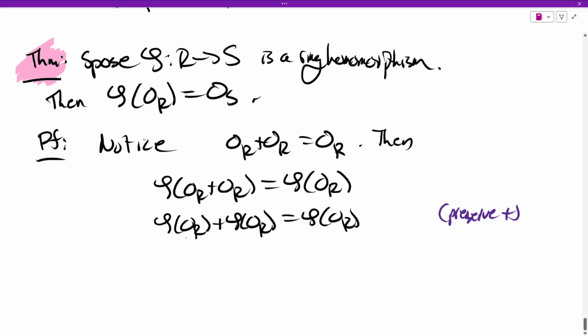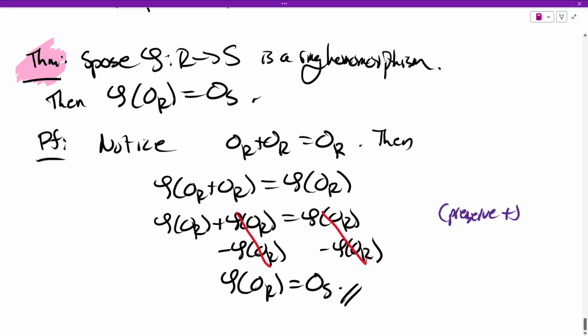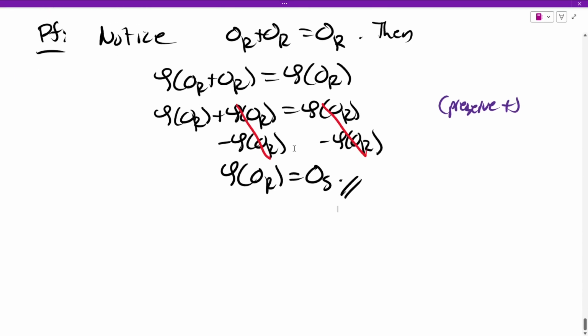But we have a phi of 0 on either side, so we can subtract phi of 0 from both sides, or add the additive inverse, however you want to say it. And when we do so, on the left that becomes a 0, and on the right that becomes a 0. But a 0 where? A 0 in S. Great. So phi preserves 0.